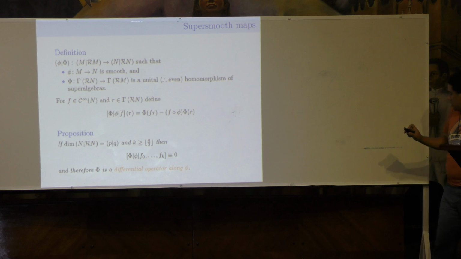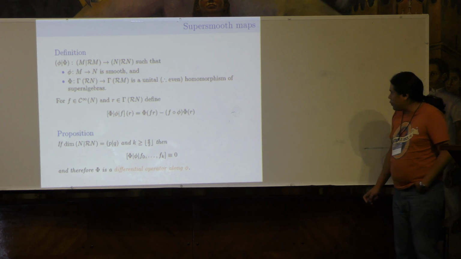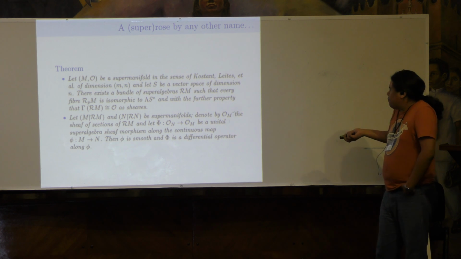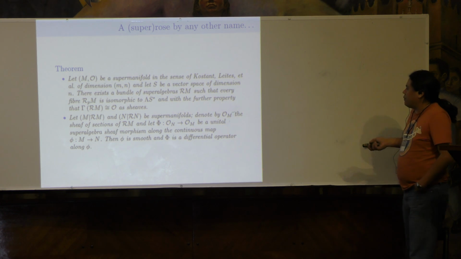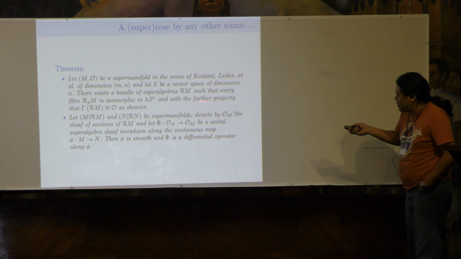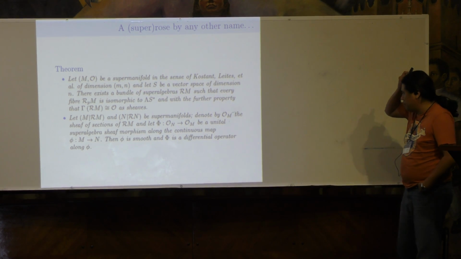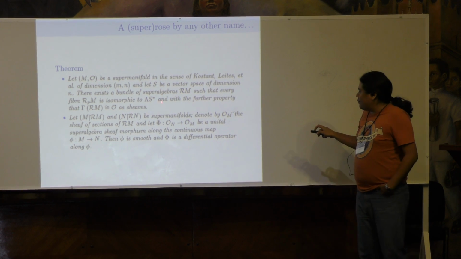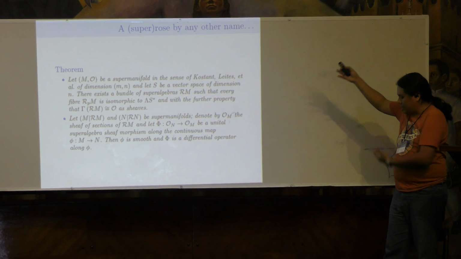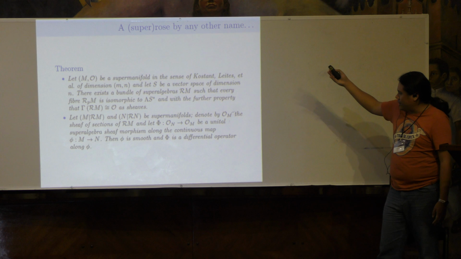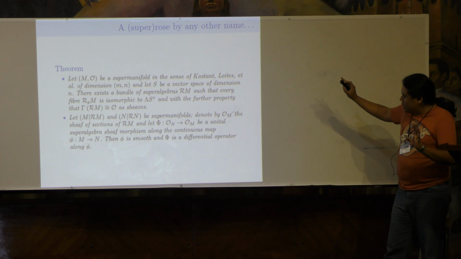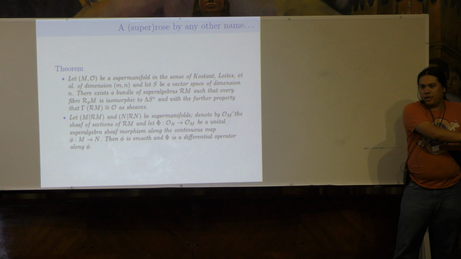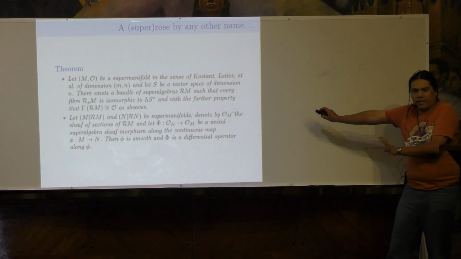So that's for morphisms, and one of the important theorems that we proved. This part is known as Batchelor's theorem, although we gave another proof of it. What this theorem essentially says is that as long as we consider smooth real supermanifolds, the usual sheaf theoretic approach and our approach are exactly the same.